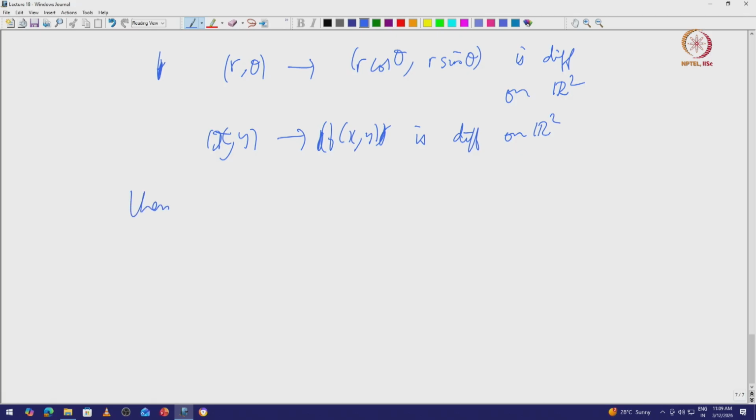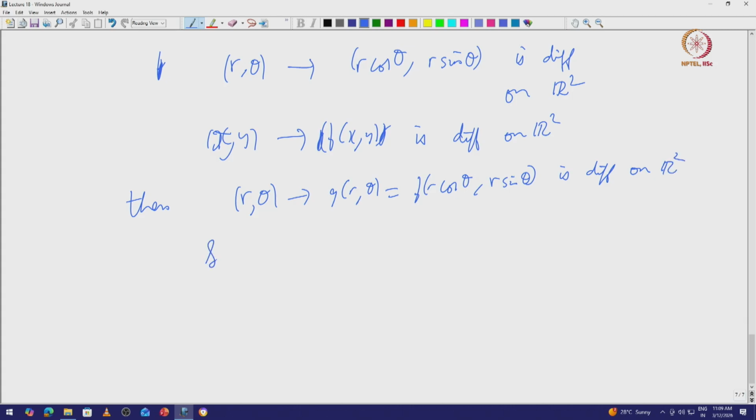Then by the chain rule, r theta goes to g of r theta, which is f of r cos theta, r sin theta, is indeed differentiable on R2.